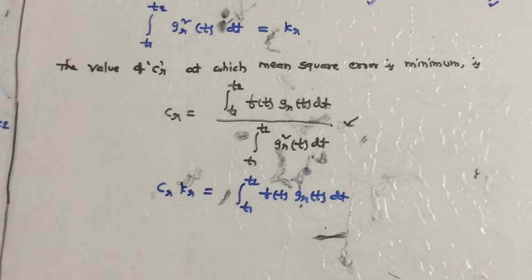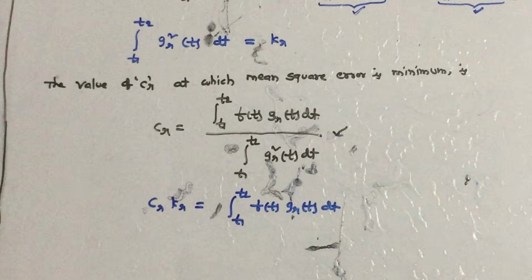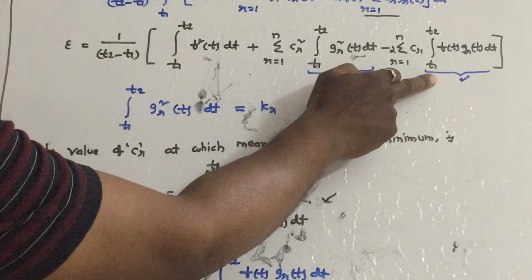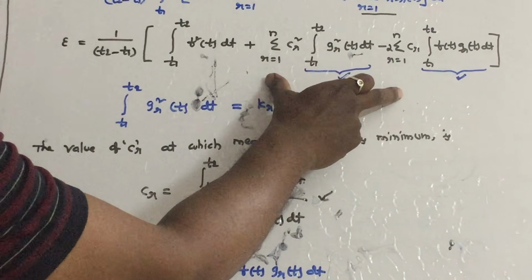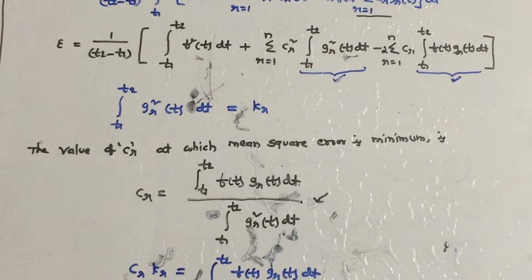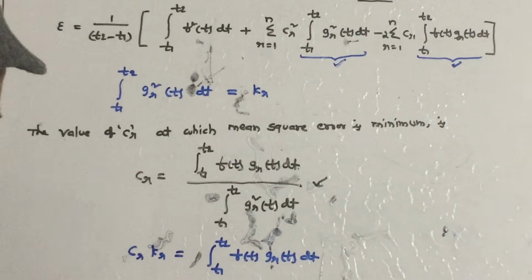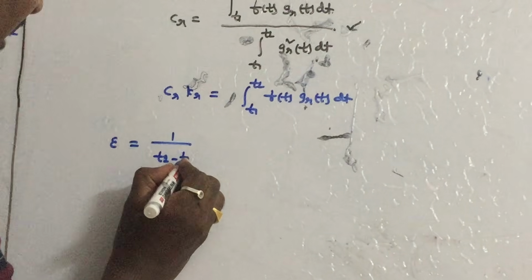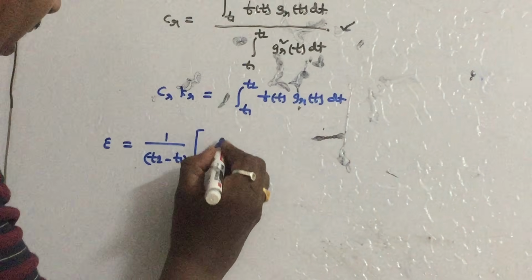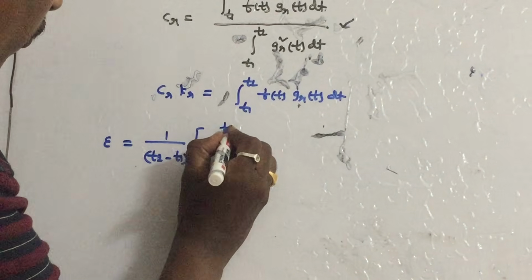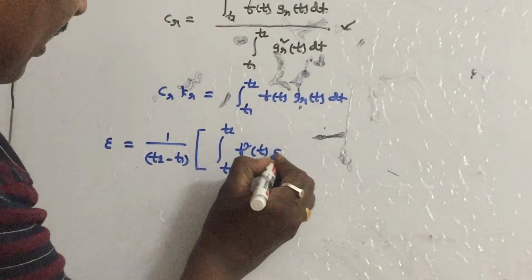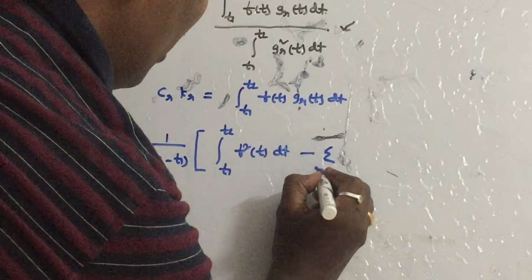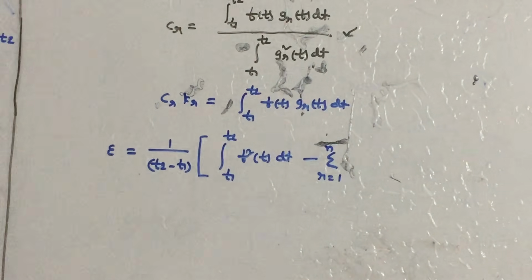Now we have found the second term also. The first term here is kr. The second term here is cr kr. Just substitute and finally we will get the answer. So the mean square error epsilon is equal to 1 by t2 minus t1, integral t1 to t2 f square of t dt, keep this term as it is, minus summation r is equal to 1 to n.